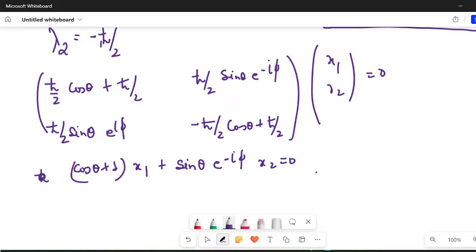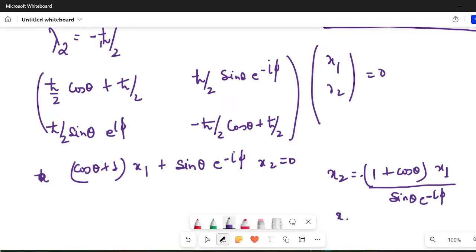So from here, if you want to calculate your x2, I'll calculate it now with all the caution. So x2 would be minus 1 plus cos theta times x1 divided by sine theta, and then you have e to the power minus iota phi also here.